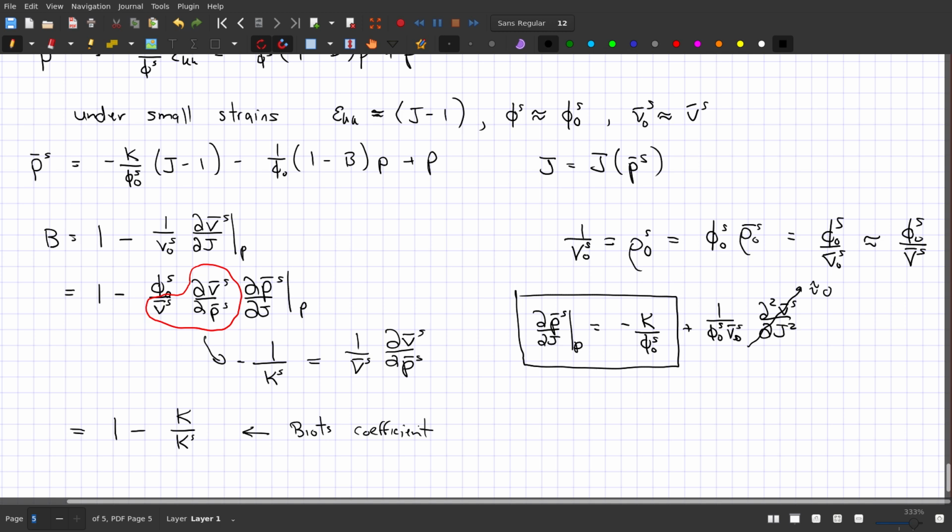K, you mean? K is the bulk modulus. Remember, we plugged this K in using generalized Hooke's law for the solid skeleton. So this is the bulk modulus of the solid skeleton, the solid plus the pore space, and this is the bulk modulus of the solid itself.